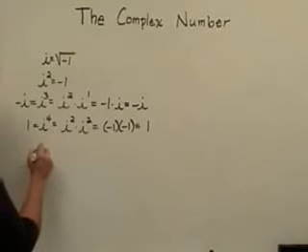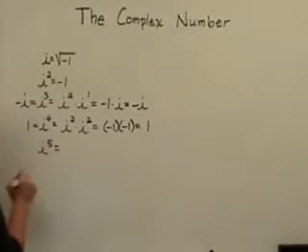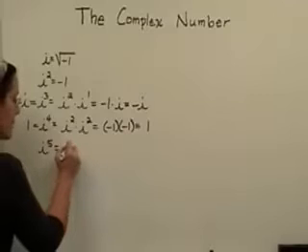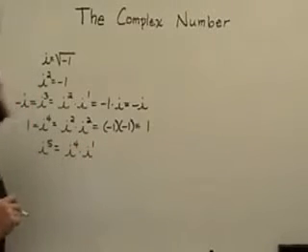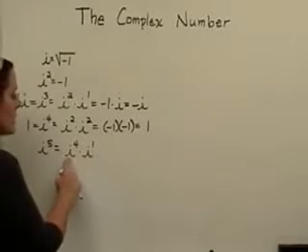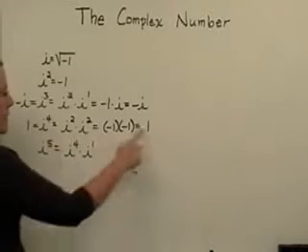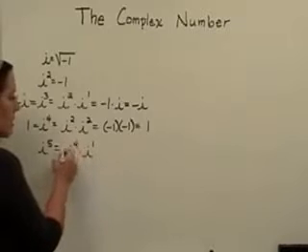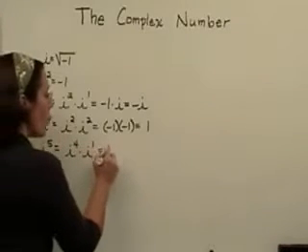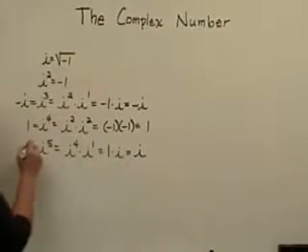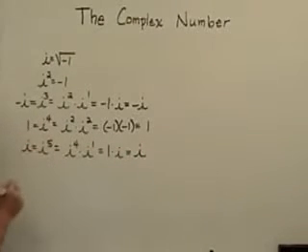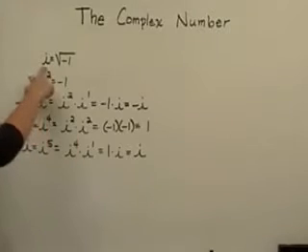If I continue now, and I look at i to the fifth, I personally prefer to write that as i to the fourth times i to the first, because this is such a nice number. I know that anything that has i to the fourth in it is going to be replaced with the number 1. Well, 1 times i is just i, and i to the fifth brings us back to where we started, right here.